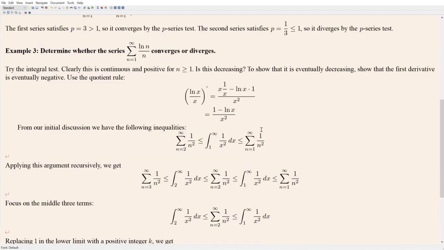Okay, so is this eventually negative? Yeah, certainly. Because the denominator is always positive, whereas the numerator, well, when x gets big, natural log also gets big, so 1 minus a big number is certainly negative. So negative on top of positive is negative.